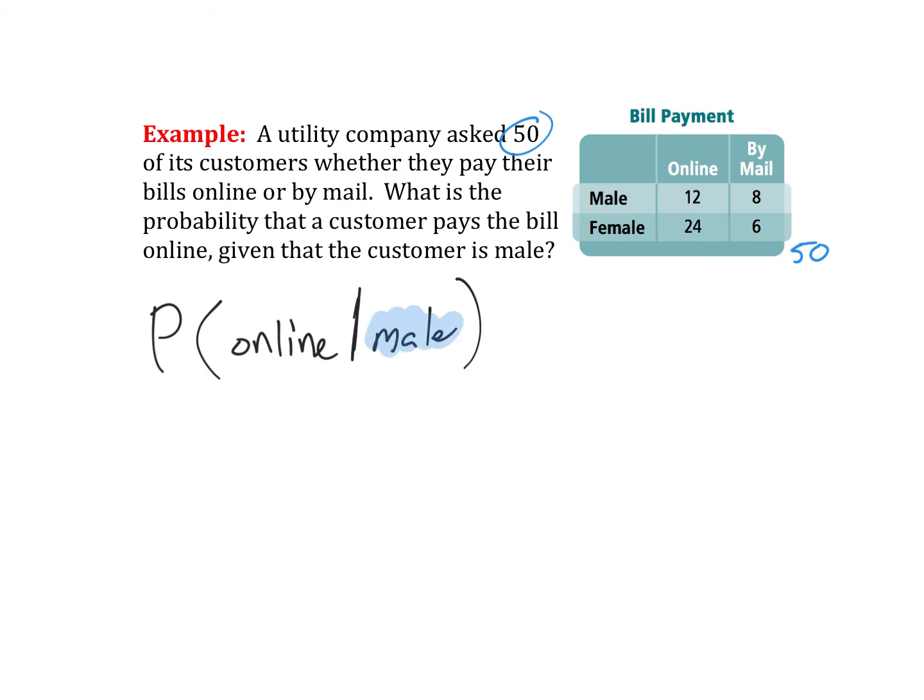I'm not concerned about all 50 people. I'm only concerned about how many males there were. Well, how many males were there? We've got 12 plus 8. There were 20 males. So out of the 20 males that we have, how many of them paid online? That would be 12. So 60%.